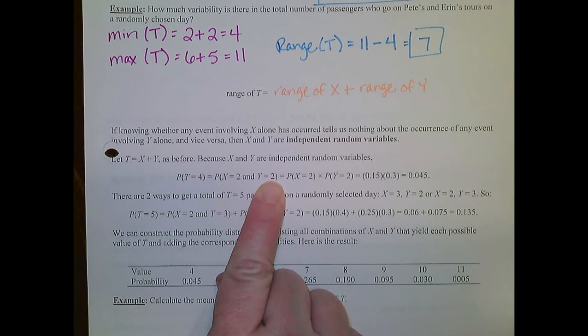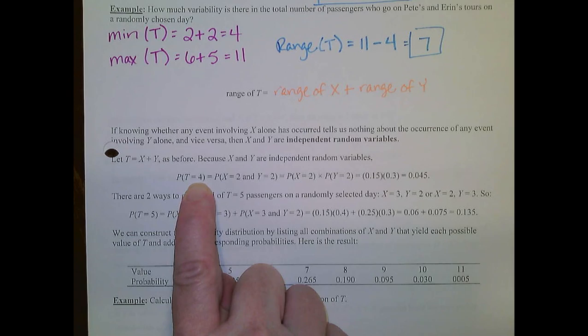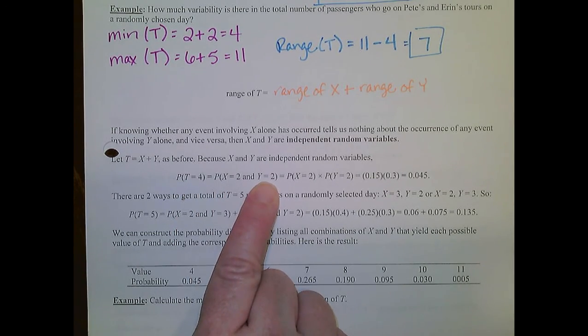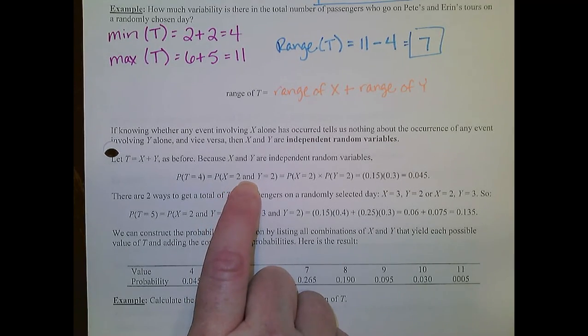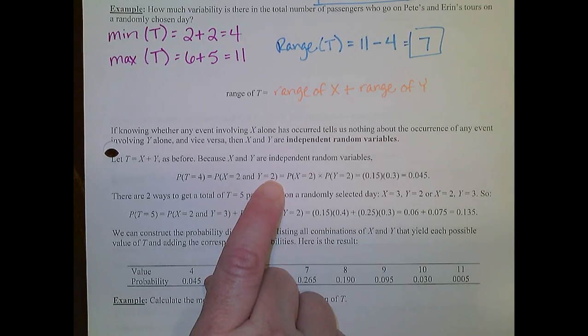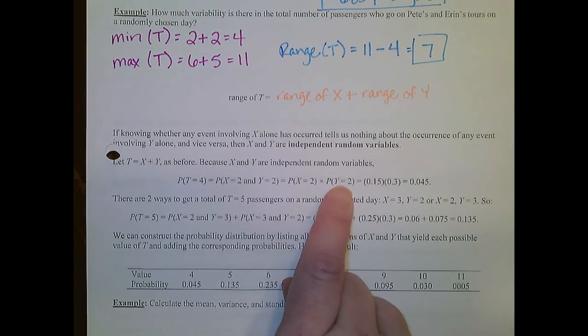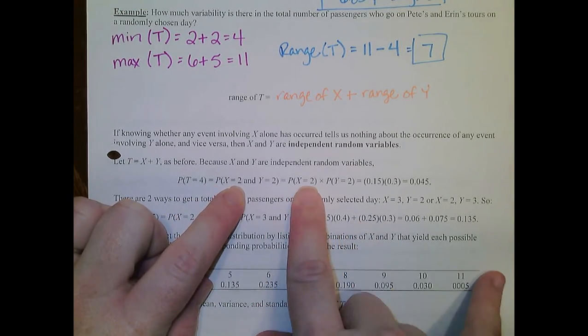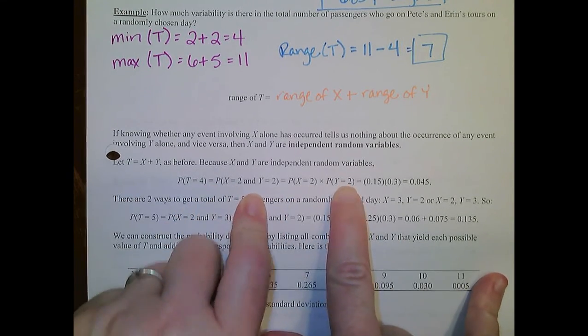So the probability of T equaling 4 is the probability that both X and Y are equal to 2. And using our probability rules before for the intersection of events, since these are independent, the probability of event A and event B happening is just simply the probability of event A times the probability of event B. So the probability of X being 2 times the probability of Y being 2.